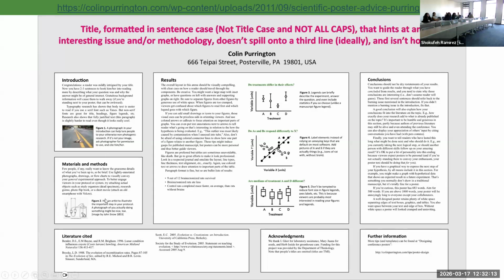One nice thing about this particular template is that we have the 3-column version: intro, materials and methods, results with a wider column here, conclusions, and then the bottom part is literature cited, acknowledgments, and further information.